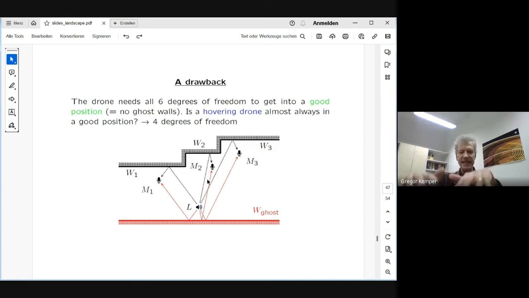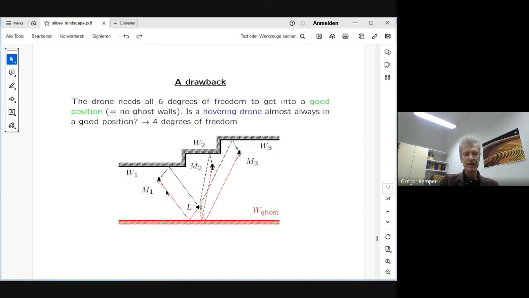They can move up and down, but they can't tilt like this or like that. And that means that the whole arrangement moves up and down, and the ghost wall here never disappears. It will move with the drone, up and down, but it will not disappear.